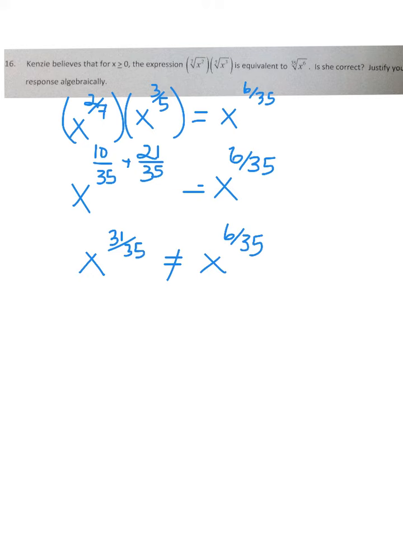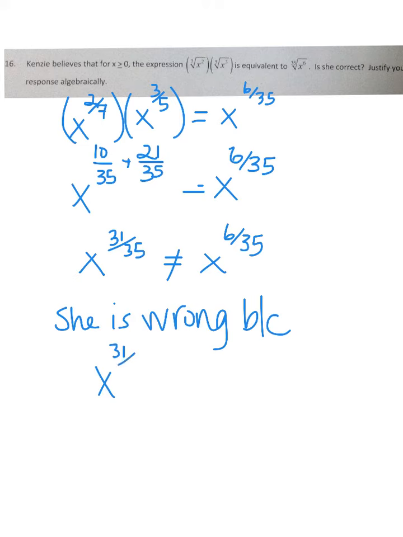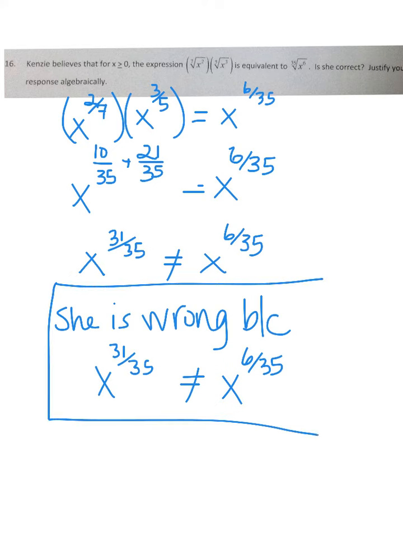I would say that she is wrong because x to the 31 over 35 does not equal x to the 6 over 35. When you're doing justifying, you can show the mathematical work, which is what I did. So you don't need to go into more detail than what you have here as far as the justification is concerned, because all the work's right up here.